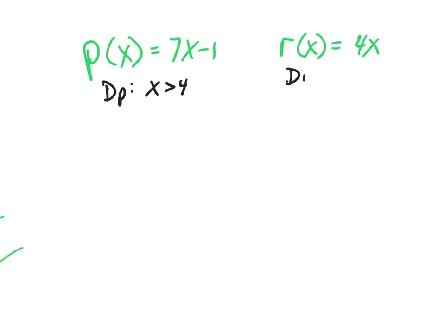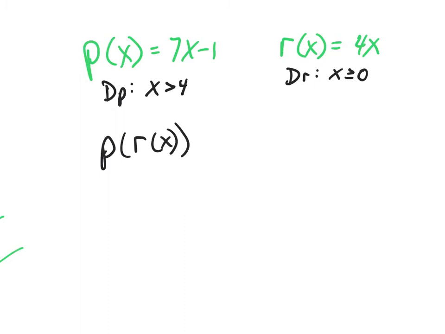The domain of R is also given to you. Even though normally this would be all reals, I'm going to say x has to be greater than or equal to 0. So now find P of R of x and its domain. Pause for a second while you give that one a try.